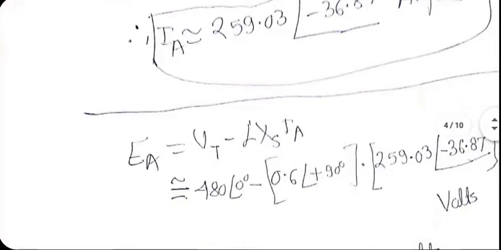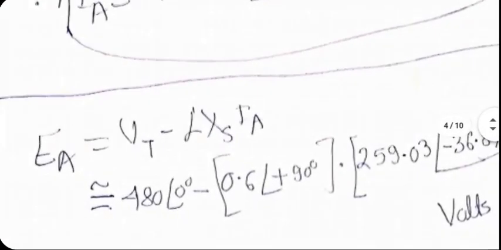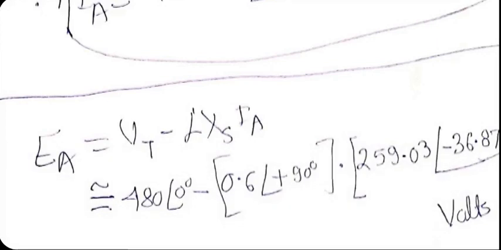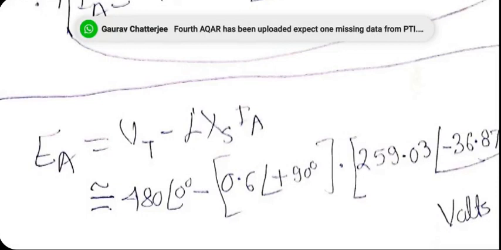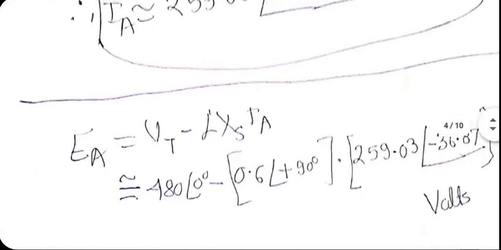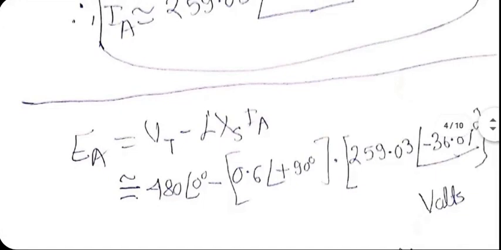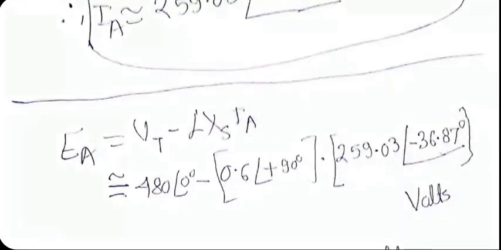Okay. Now, to calculate the induced EMF, you simply apply this formula, which is simple enough to figure out based on the equivalent circuit. You need to plug in all the values and make sure there is no calculation mistake made by me. Whenever you multiply two complex numbers, it is good to have polar forms involved.